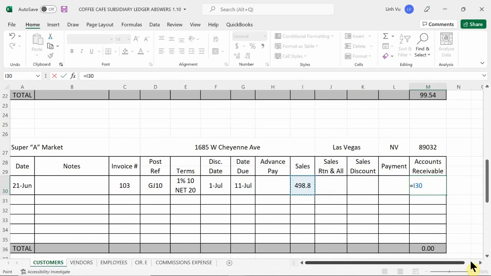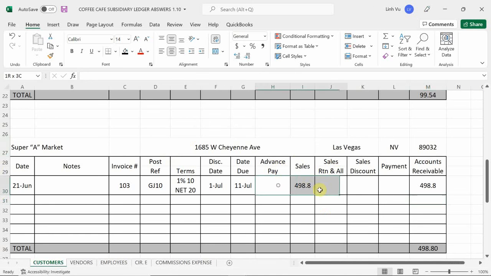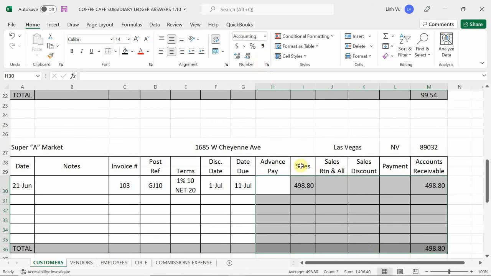You're going to take your sales minus any advance payments, minus any returns, minus any discounts, minus any payments to get you a grand total of $498.80. Okay, that is owed. Okay, on invoice number 103.